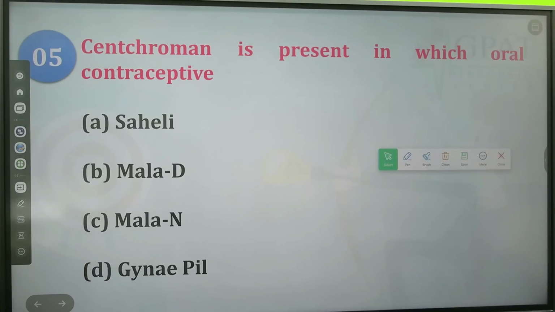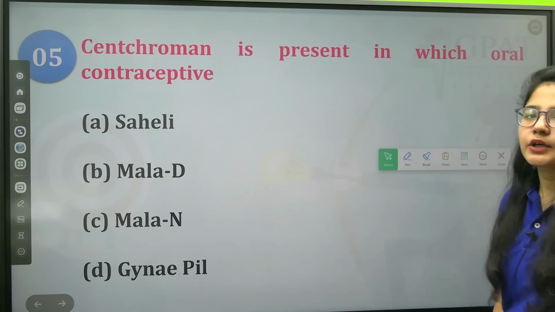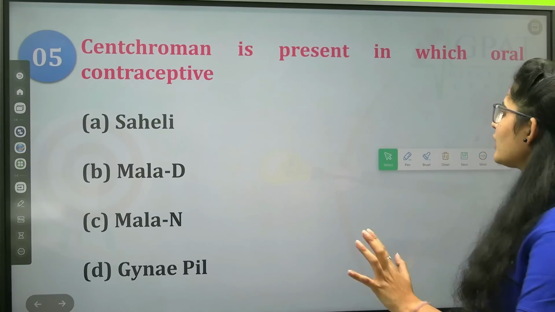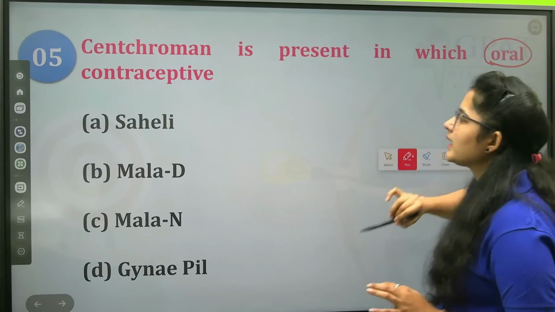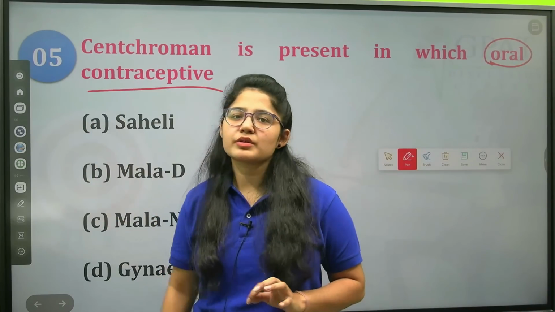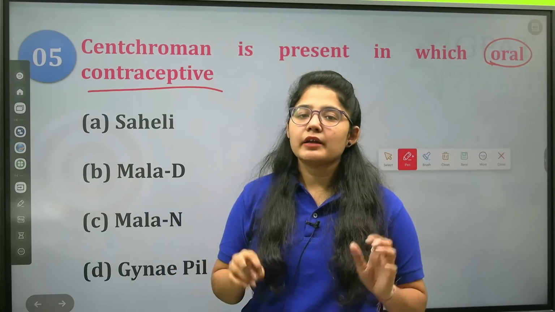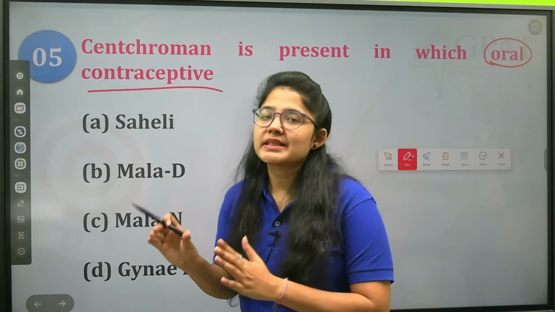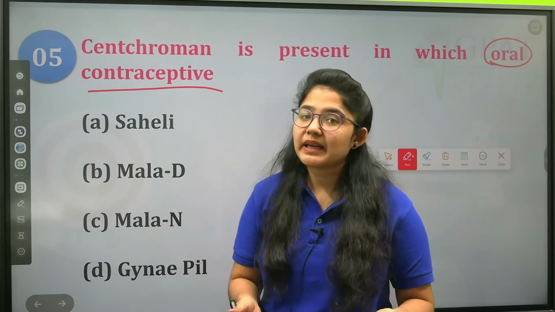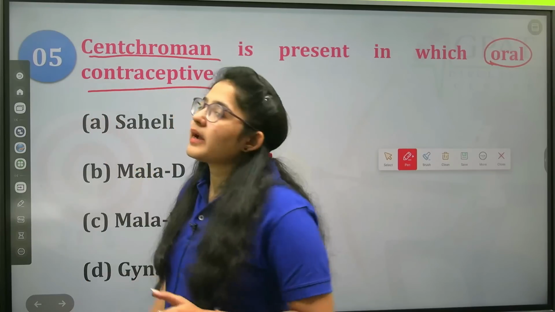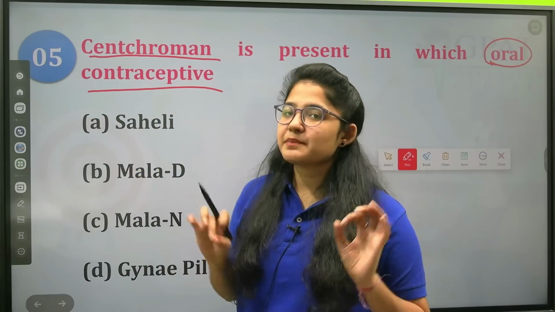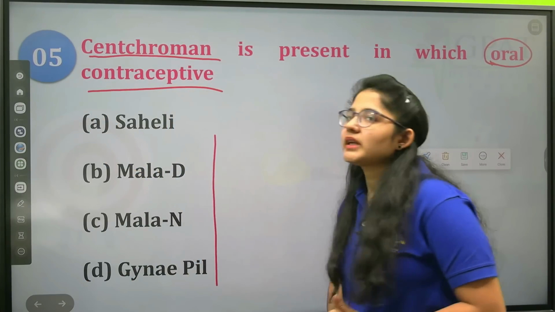Centchroman is present in which oral contraceptive? What are oral contraceptives? First thing, they are given orally. A contraceptive is used when we are not in a mind to conceive or to get pregnant. Clear? So this product, centchroman, a chemical substance, is present in which of the following drugs?